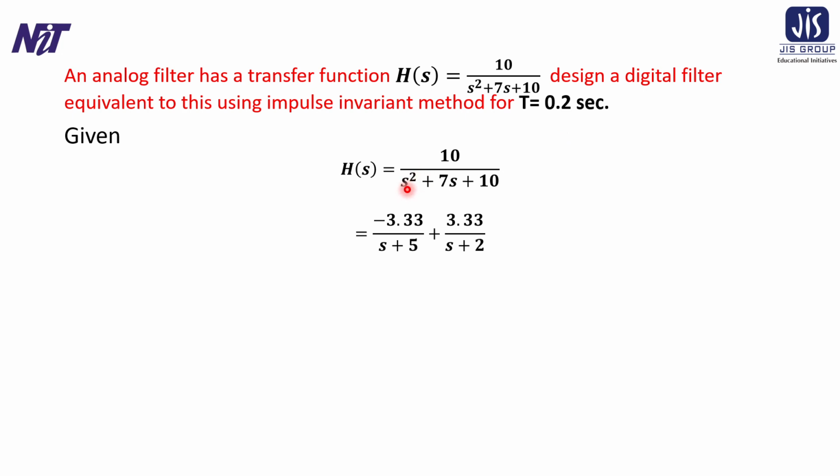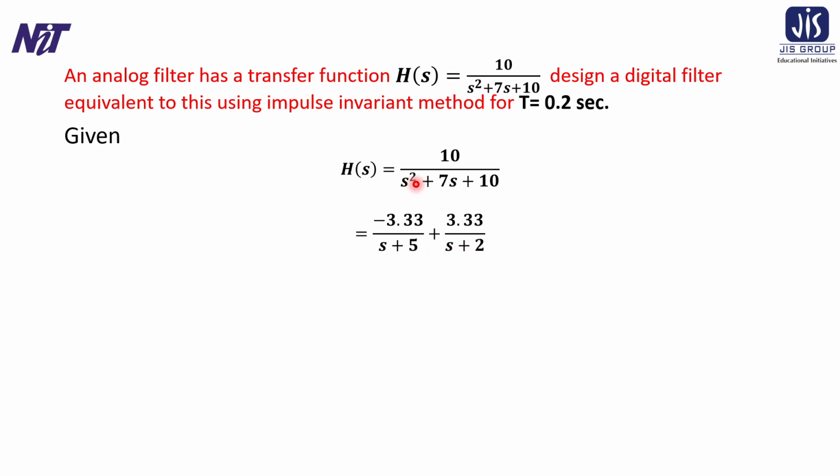Put s equals minus 5 in the equation: minus 5 plus 2 is minus 3, so 10 divided by minus 3 is minus 3.33. In this way you can find the value of A. In a similar way, you can find the value of B. So using this partial fraction technique, you can find the values of A and B.